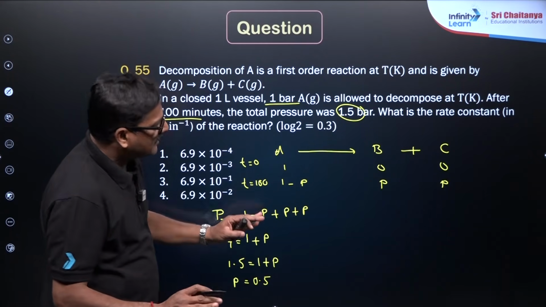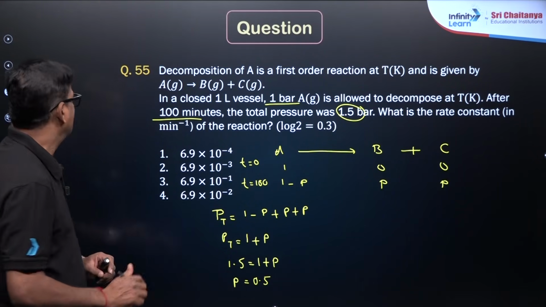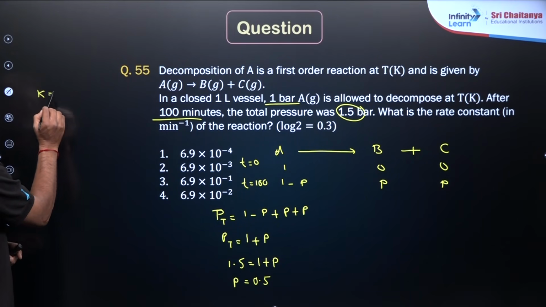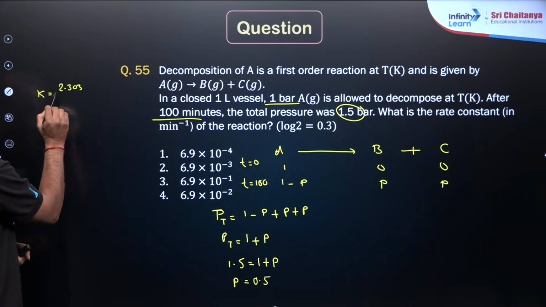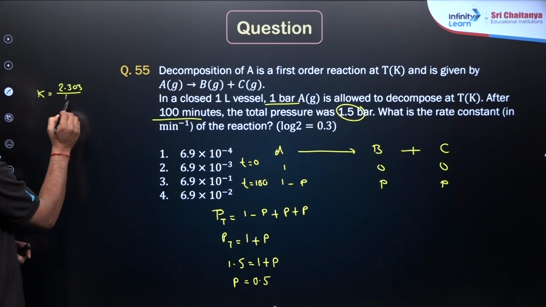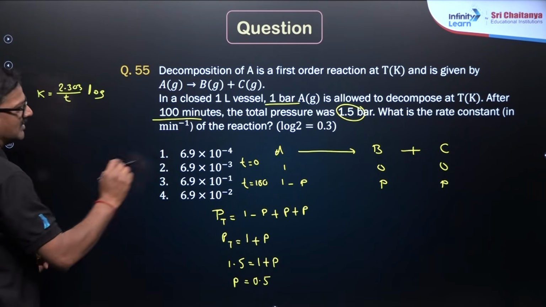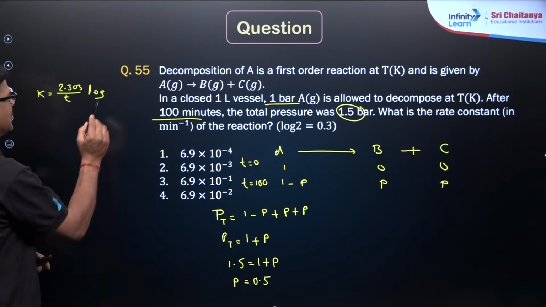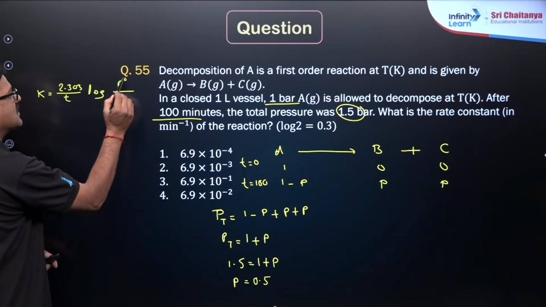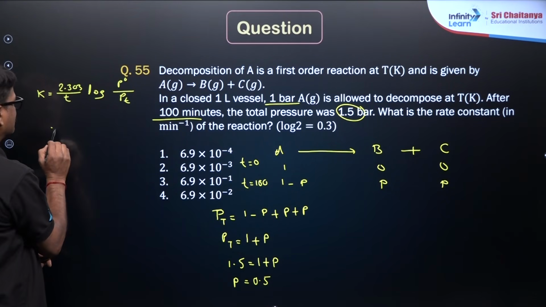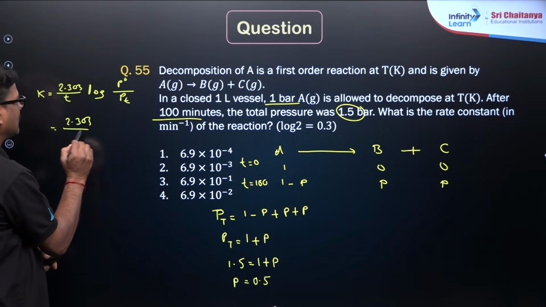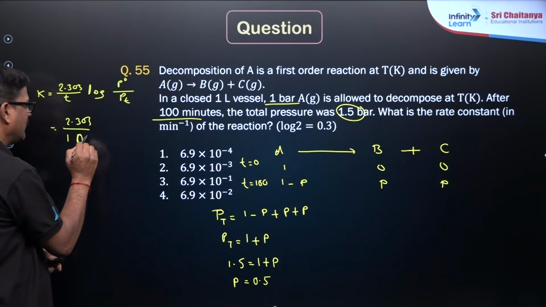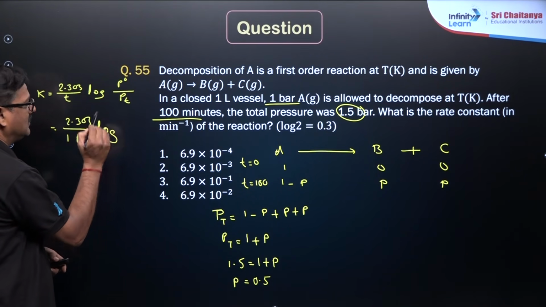Now directly apply, this is a first order kinetics. So the rate constant is equal to 2.303 by t log of the concentration ratio. Initially it was P naught and then Pt, so it is going to be 2.303 by 100 minutes log.